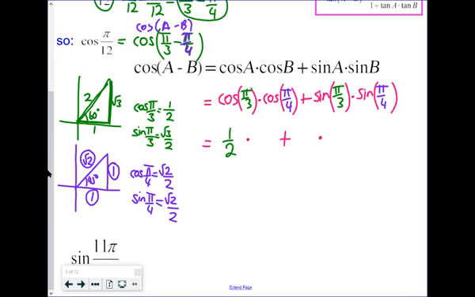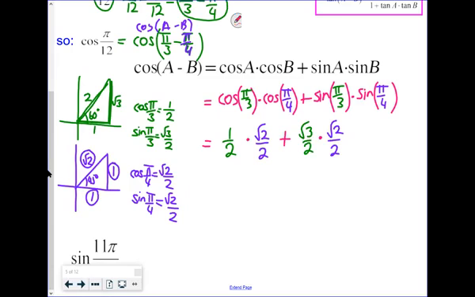And when I see the cosine of pi by 4, look to your triangle over here, the cosine of pi by 4 is root 2 over 2. Then I've got the sine of pi by 3, which I said was root 3 over 2. And the sine of pi by 4 is root 2 over 2. Okay? So that's just substituting something with what it's equal to.